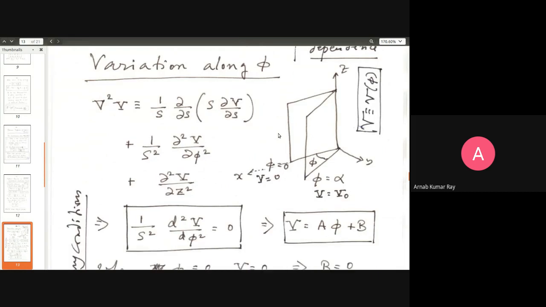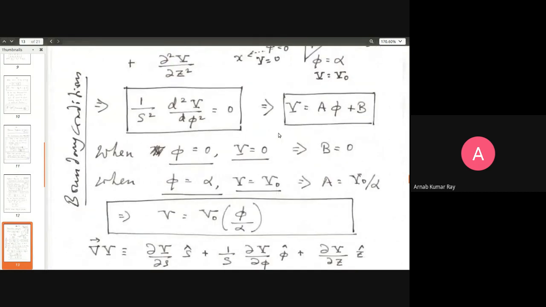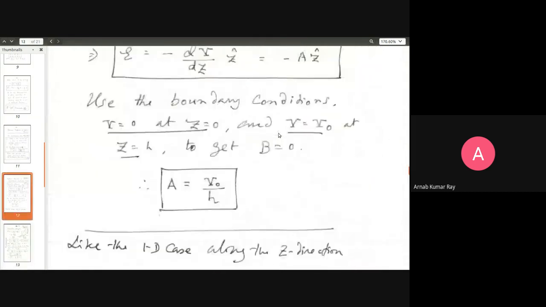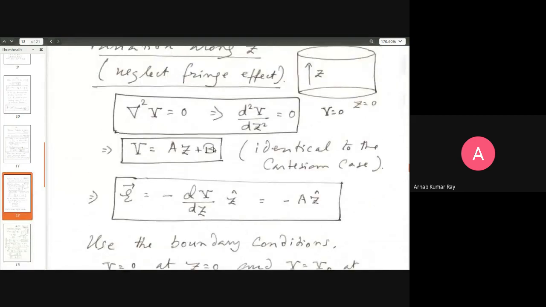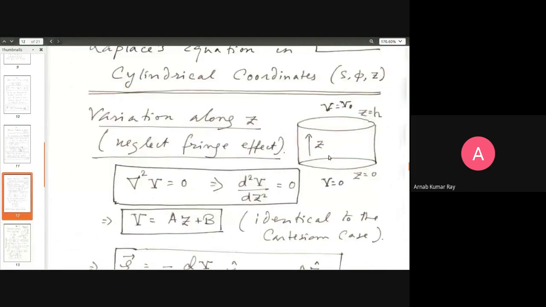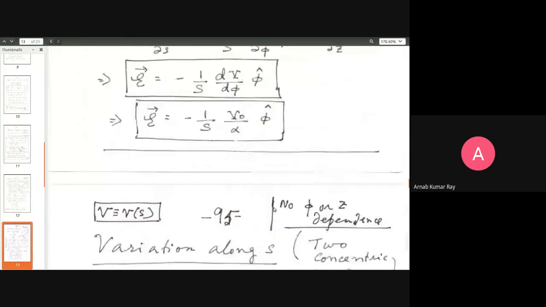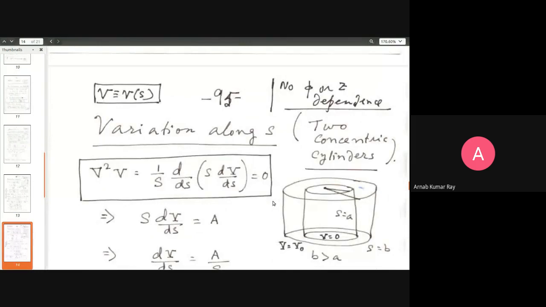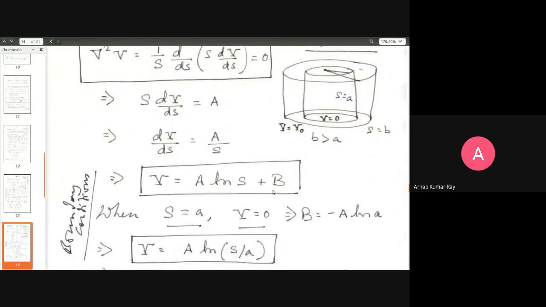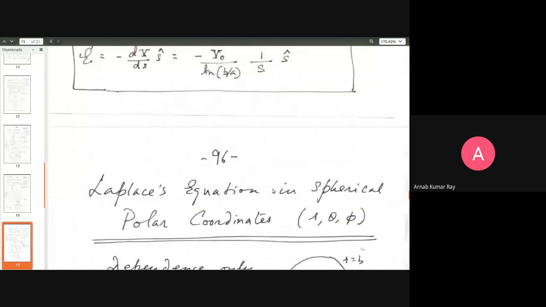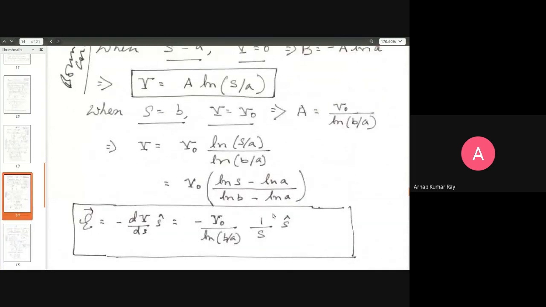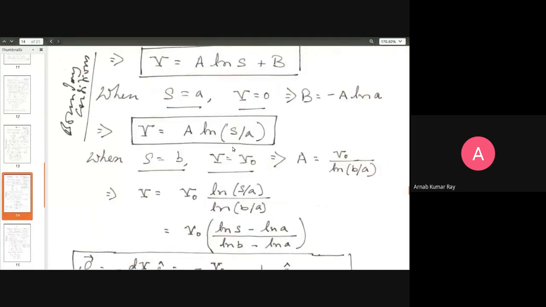What we found was that for the z coordinate and the phi coordinate, the solution of Laplace's equation gave the equation of a straight line. The next coordinate was s. We solved for that also, and we found that here we did not get a straight line, we got a logarithmic behavior.